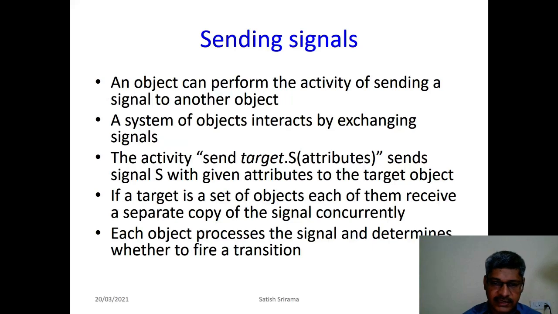If the target is a set of objects, each of them receives a separate copy of the signal concurrently, at the same time. Once the signal is received, each object processes the signal and determines whether to fire a transition or not. That object's state transition happens accordingly.